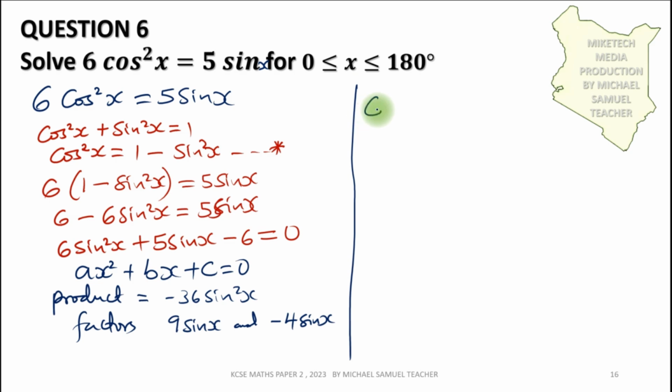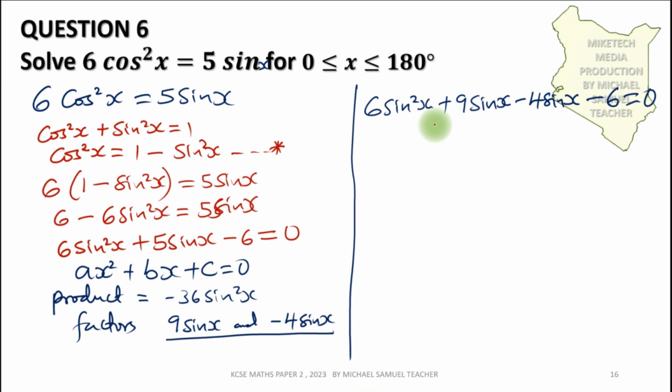So this will be 6 sine x squared plus, now write this in the expanded form, 9 sine x minus 4 sine x minus 6 is equal to 0.